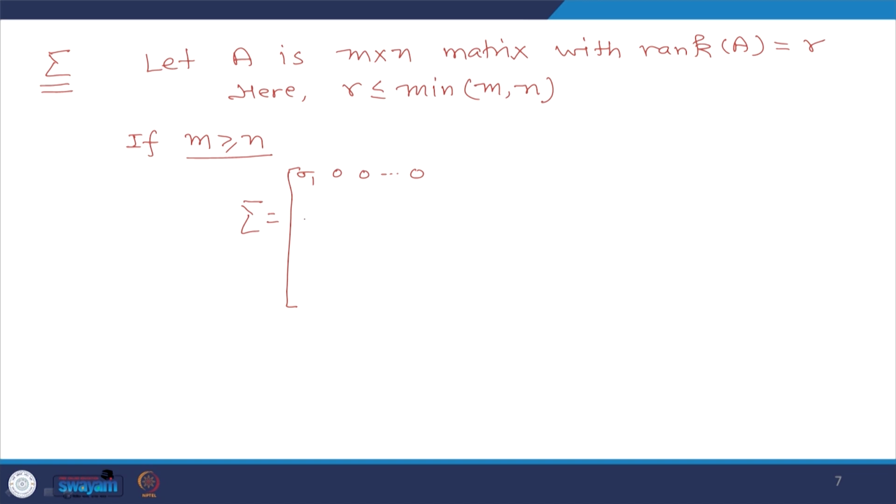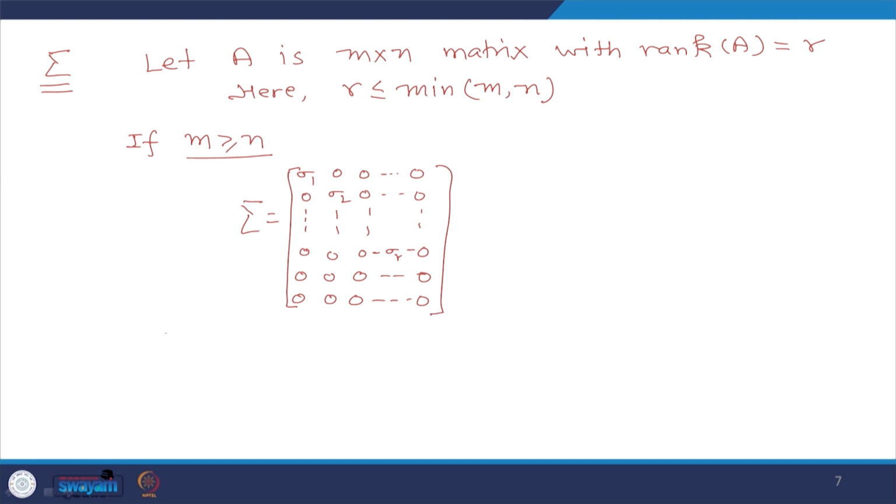So, these are m rows, n columns, 0 sigma 2 0 0 0. So, in that way I will have 0 0 0 sigma r 0. So, these are r rows and these are n columns, and then 0 0 0 0 0 0 0 0.